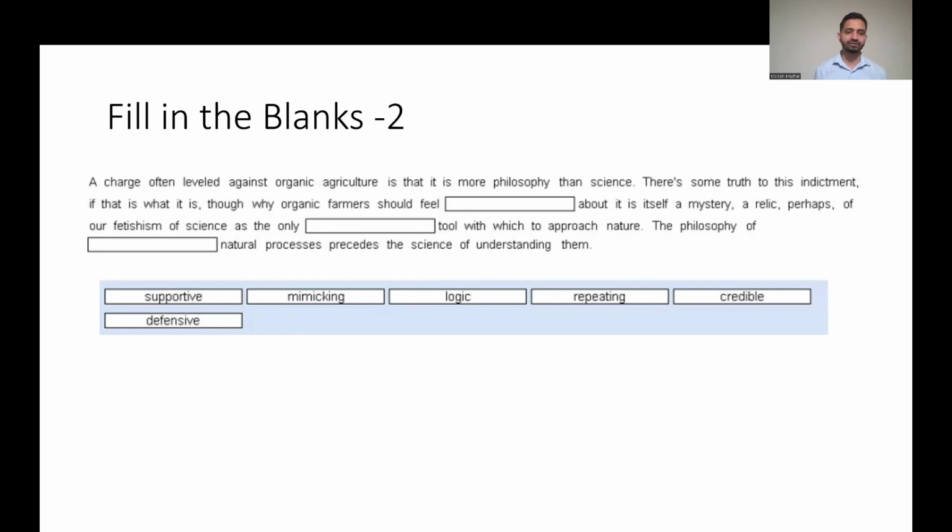A charge often leveled against organic agriculture is that it is more philosophy than science. There's some theory than science, for example. That's what it means.